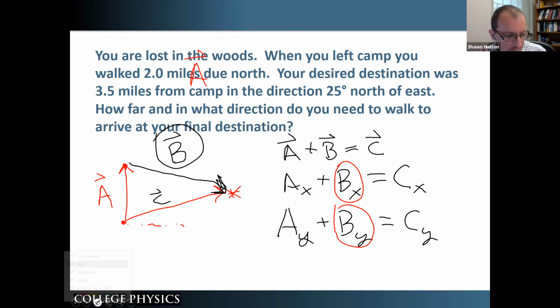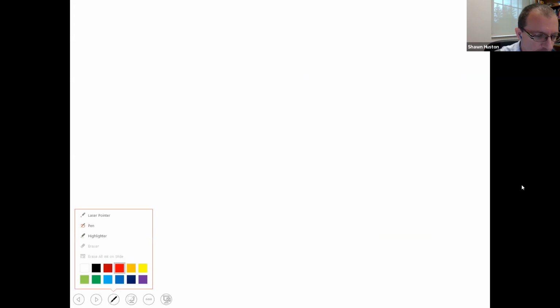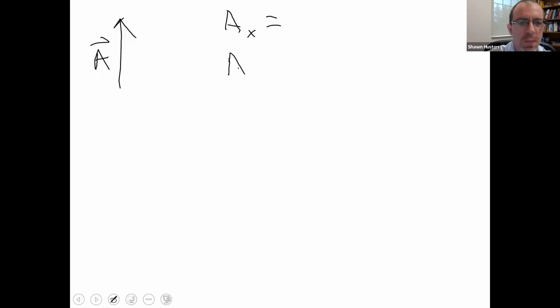Let's see if I can remember now how to advance. Yes. Okay, there we go. All right. So what I need to do at this point is figure out the X and Y components of vector A. If we go back up to the original information, we'll see that vector A is 2 miles due north.